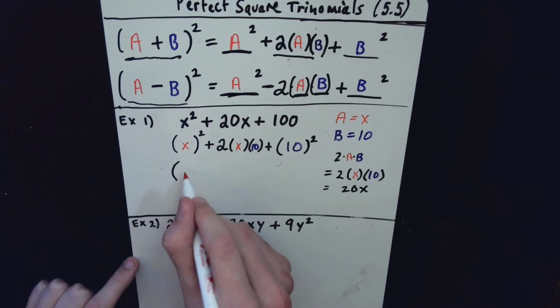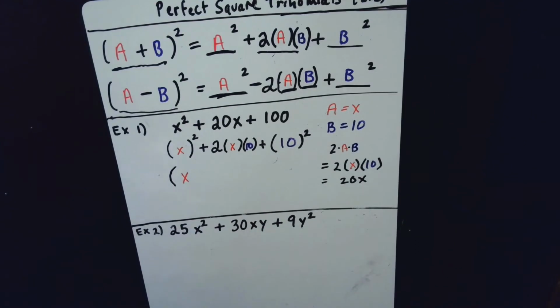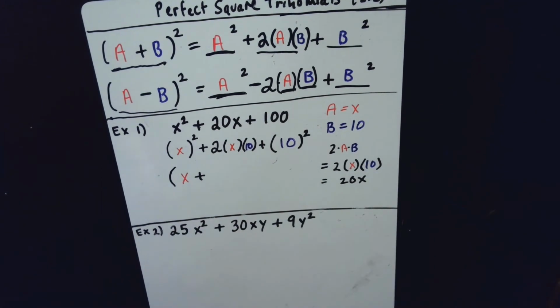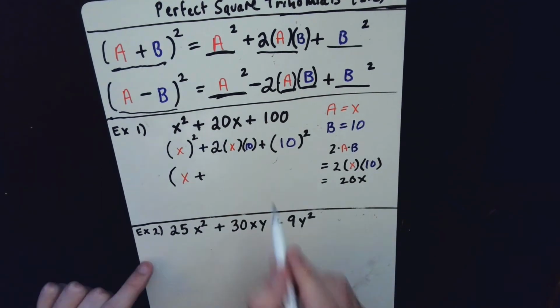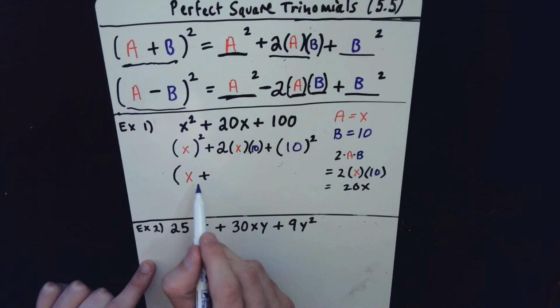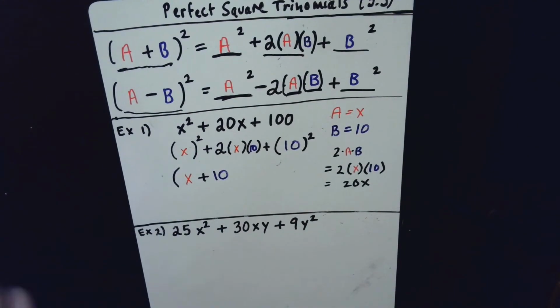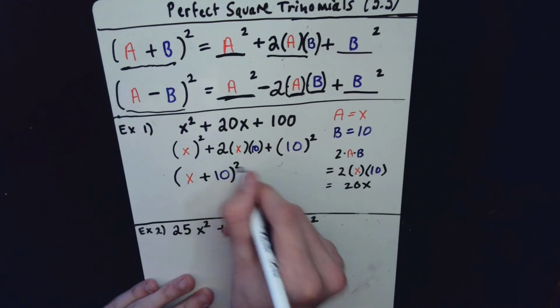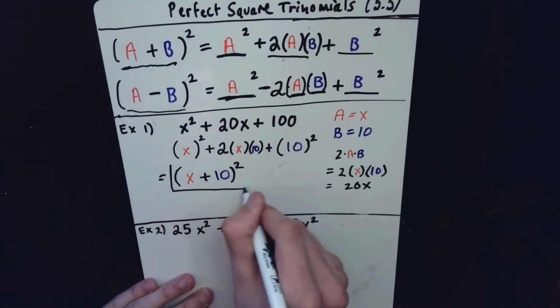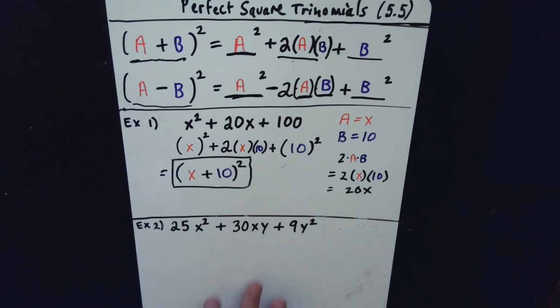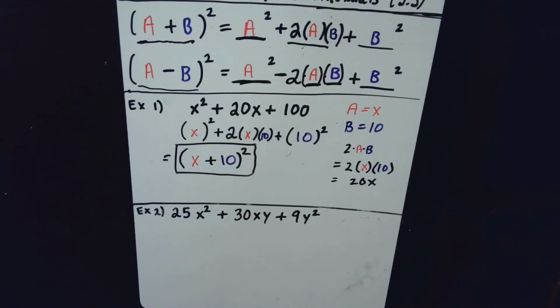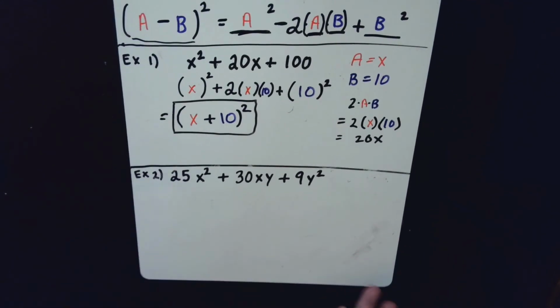Remember, a is just x, with our plus sign in between, and b is just 10. So we've got a plus b quantity squared, or x plus 10 quantity squared, as our final answer there. So now let's look at a slightly more complicated example.